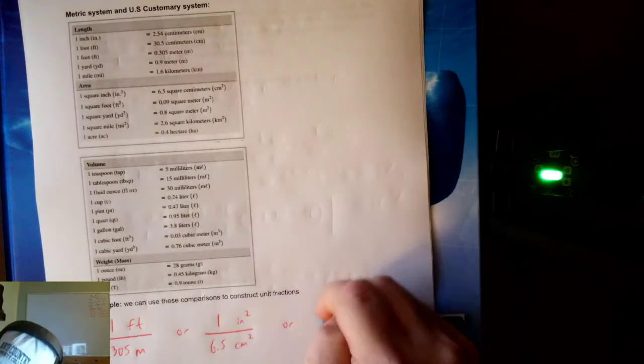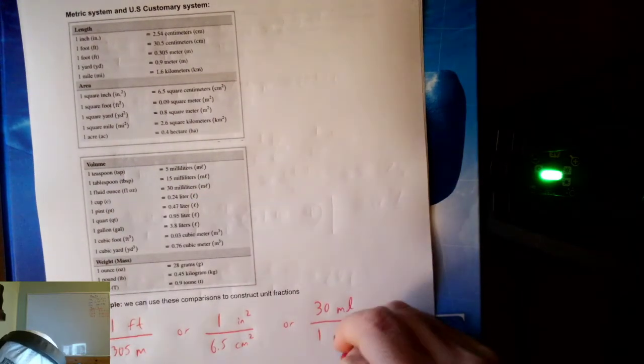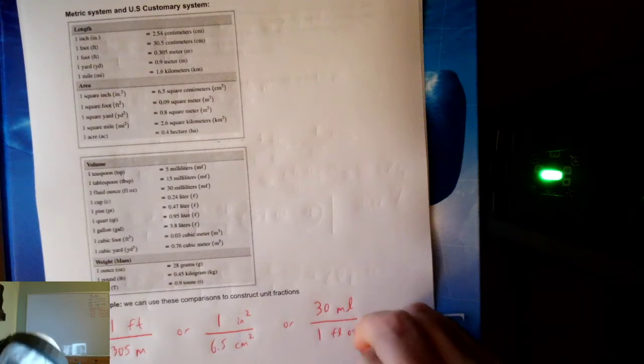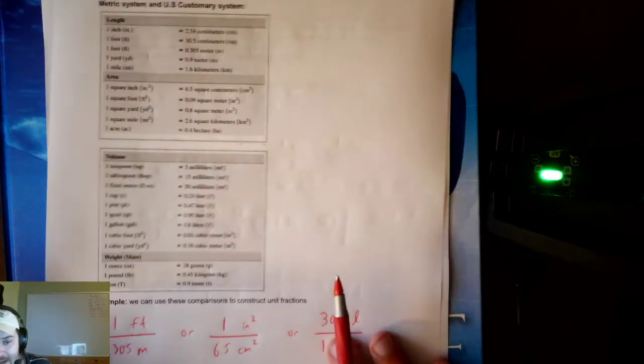Or maybe we do a volume. 30 milliliters is 1 fluid ounce. We can set up unit fractions using these values. Now, let's keep these handy while we look at an example.